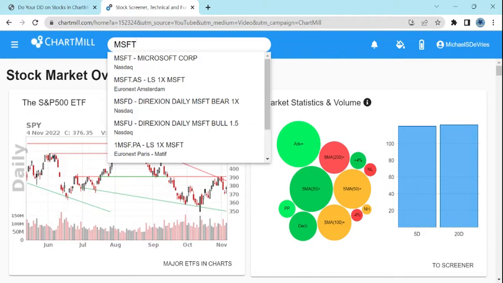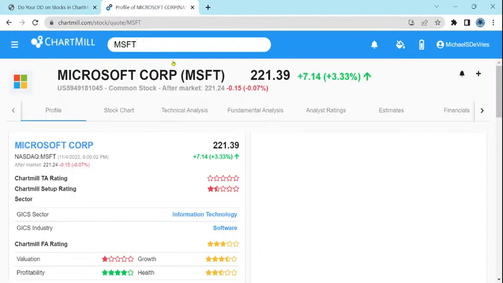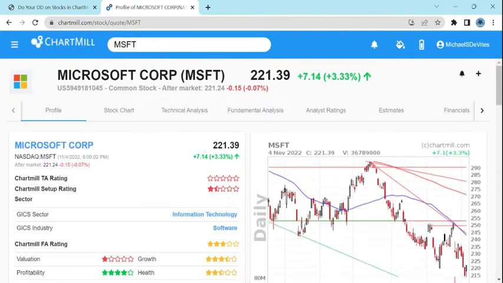As you can see, once I enter that in the search bar, it pops up matching symbols. As you type, it will offer suggestions as to what symbol you might mean. I'll select Microsoft, and it will automatically send me to the Profile tab for Microsoft in ChartMill.